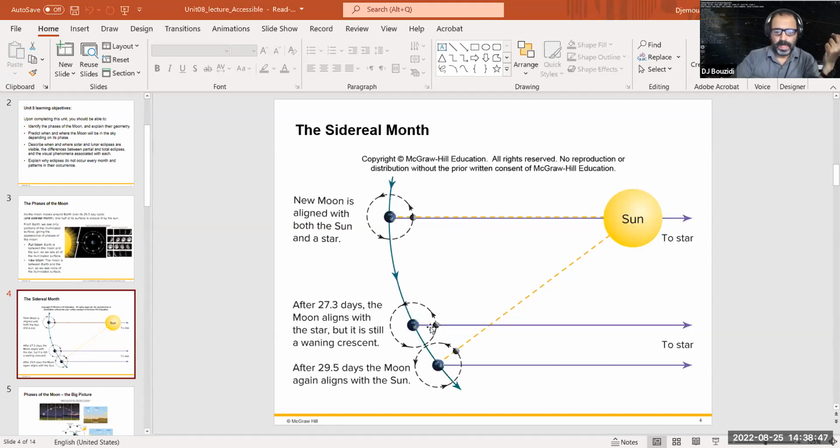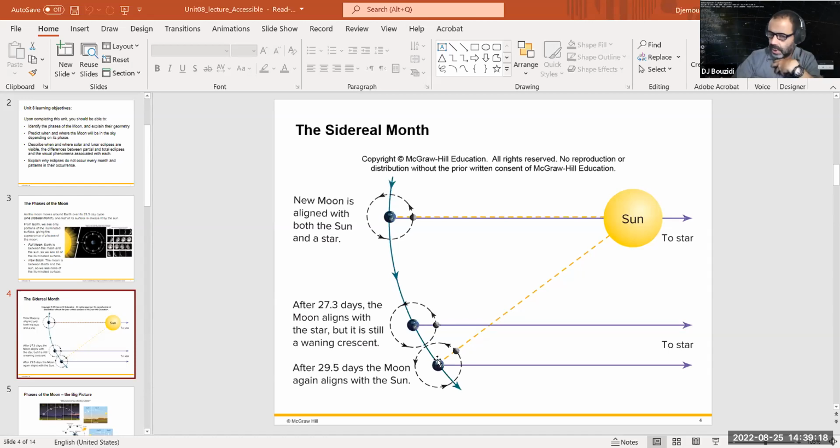So that's what the third of the day means. Okay, then it would have gone through the entire cycle. But it's not new moon anymore. It's still a crescent, and in this case, it's a waning crescent because the sun is still partially showing part of it. So for it to be a new moon again, the Earth has to rotate an extra 2 days and some change, 2.2 days to be more specific, to bring it in alignment with the sun again, so that the new moon is born.